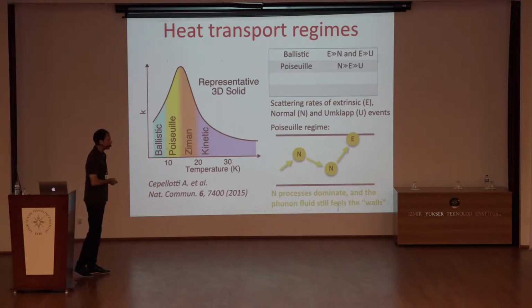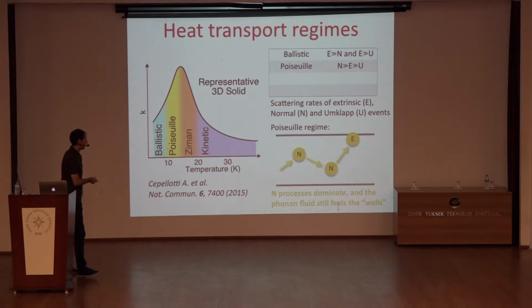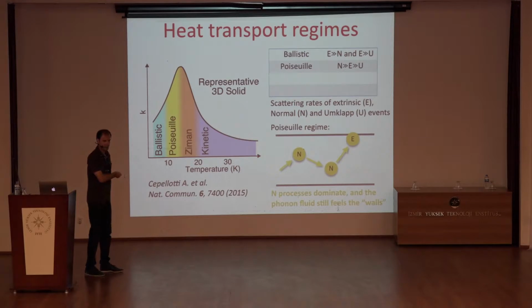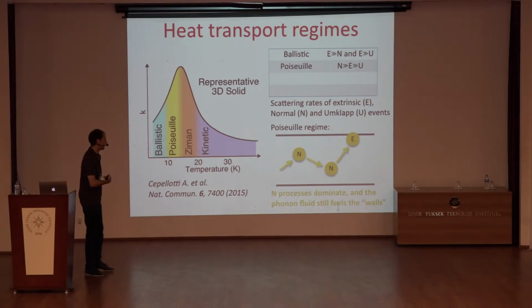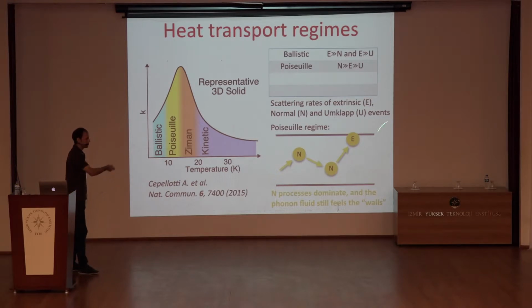Now if you increase the temperature a little bit, you may end up in the Poiseuille regime, in which the heat flux is still dissipated at the surface of the sample, but now you also have a lot of normal processes taking place inside the material, which conserve momentum. They don't contribute significantly to the heat flux dissipation; only when the phonons hit the surface does that induce some thermal resistivity.